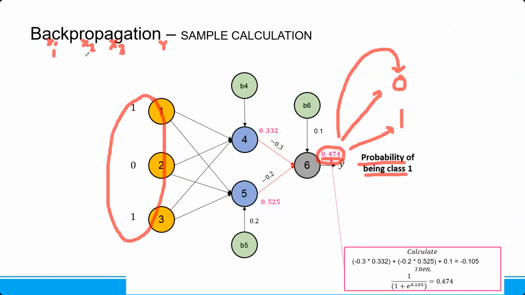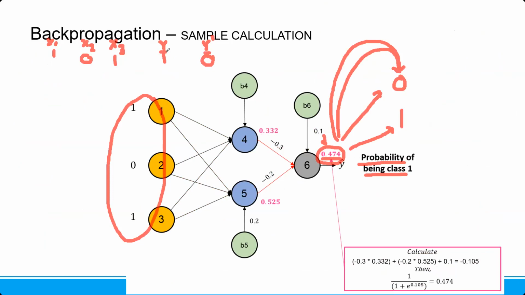When x1 is 1, x2 is 0, and x3 is 1, you can know the actual, let's suppose, for example, it is 1. But the y prediction shows it is closely to 0. It means the prediction and the actual are different.